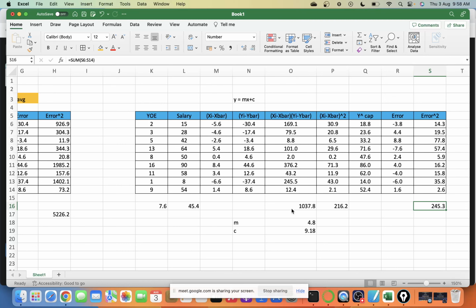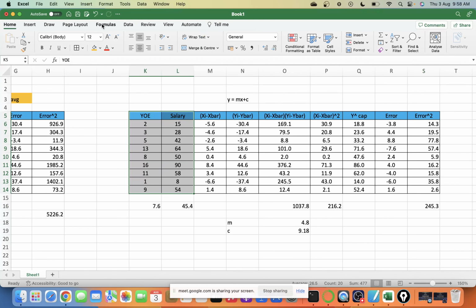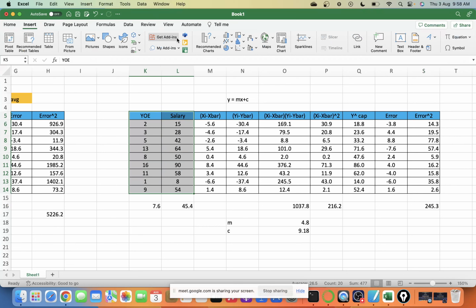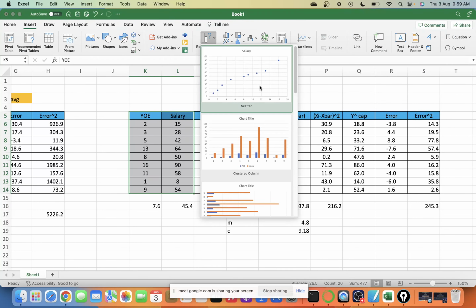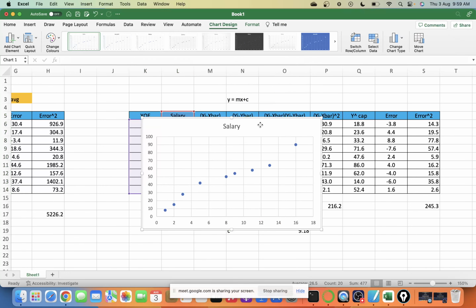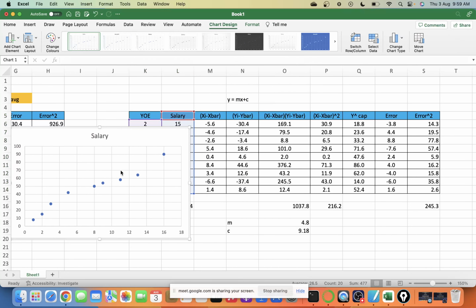So now there is one more plot that we can also take, a regression plot. Let me use it like this. I don't know much about Excel, but let's see if I'm able to get it. For example, this is the plot of this data, right? And we want to put a regression line into this.